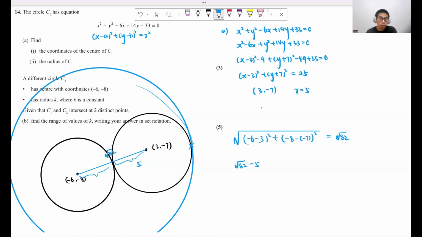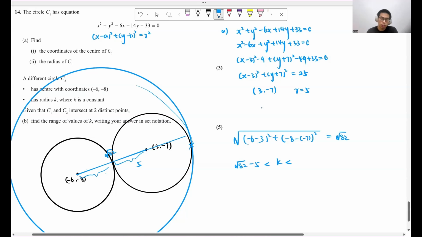So the radius k has to be more than root 82 minus 5 in order to intersect at 2 distinct points. And it has to be smaller than whatever the radius for the largest one is. It's not that precise a drawing, but the largest possible circle has to be root 82 plus the radius 5.